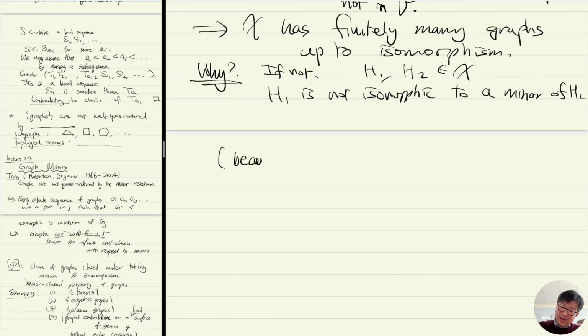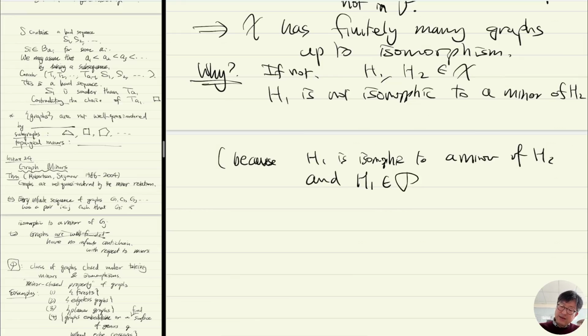Why? Because if H1 is isomorphic to a minor of H2, and H1 has the property, then H1 is not a proper minor.